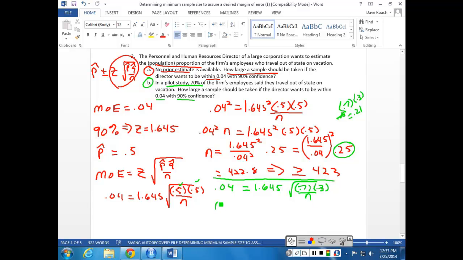So I'm going to have n is equal to 1.645 divided by 0.04 squared times 0.21, and that is equal to 355.16, so you need at least 356.